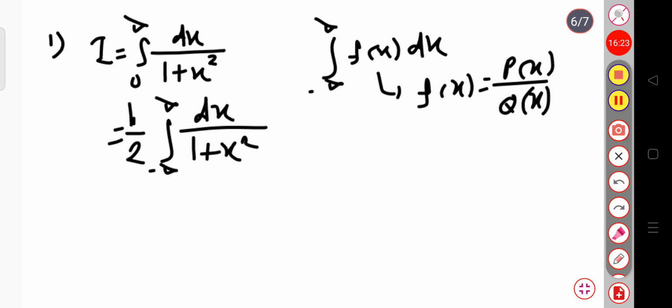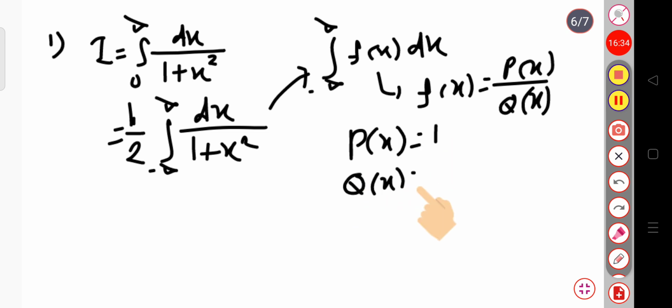Here, if I write this in the form of f of x, p of x equals 1 and q of x is 1 plus x square, the denominator. You can see that the degree of q of x is 2, which is 2 greater than that of p.